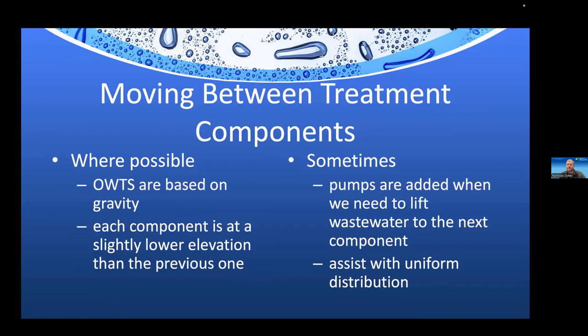Sometimes, whether it's site dependent or because of the type of system that the soil and site is requiring, we have to add a pump in there to lift the wastewater to the next component. For some of the advanced systems, we're also adding pumps to assist with nice, even, uniform distribution across the soil area.